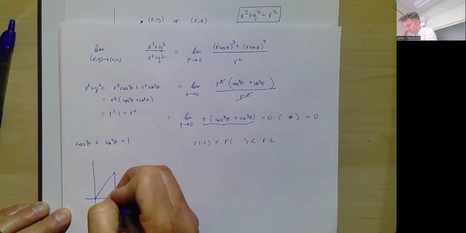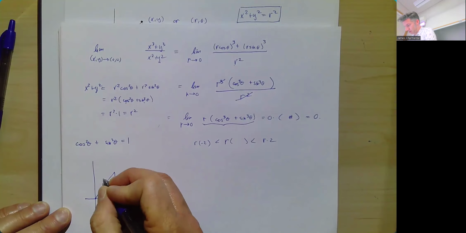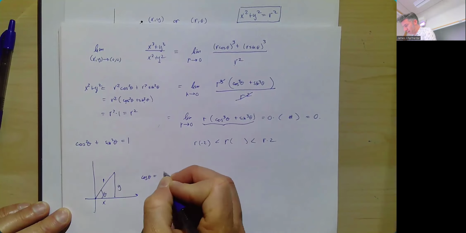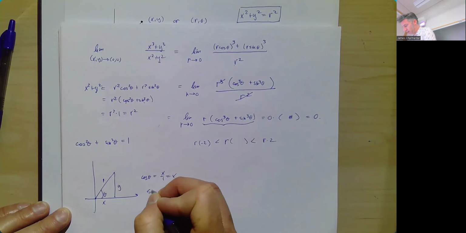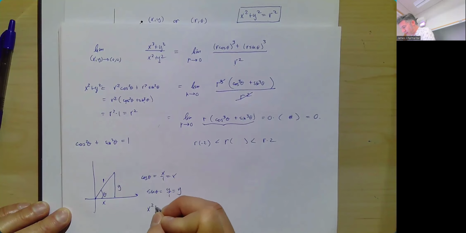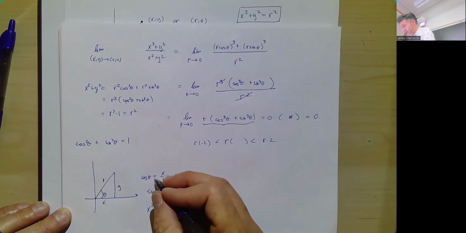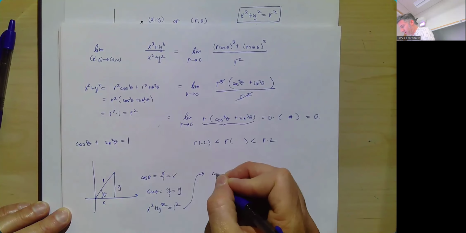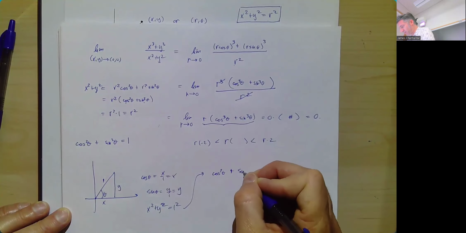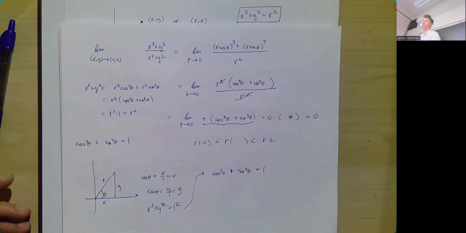Your angle is theta, your radius is 1, there's x, there's y. Cosine theta is x over 1, sine theta is y over 1, and x squared plus y squared equals 1 squared by the Pythagorean theorem. But x is really cosine and y is really sine, so you have cosine squared theta plus sine squared theta equal to 1. That's where that's coming from.